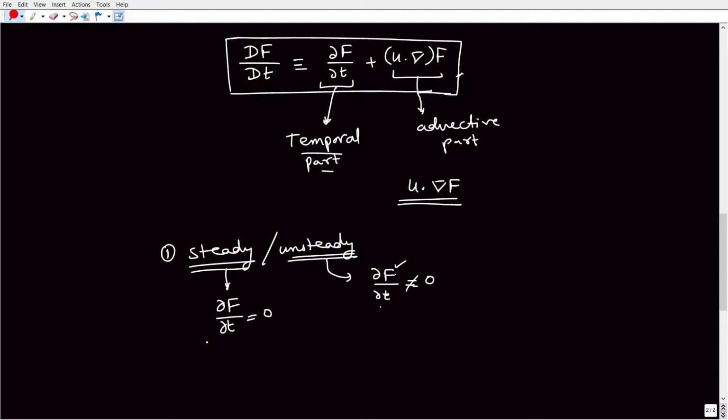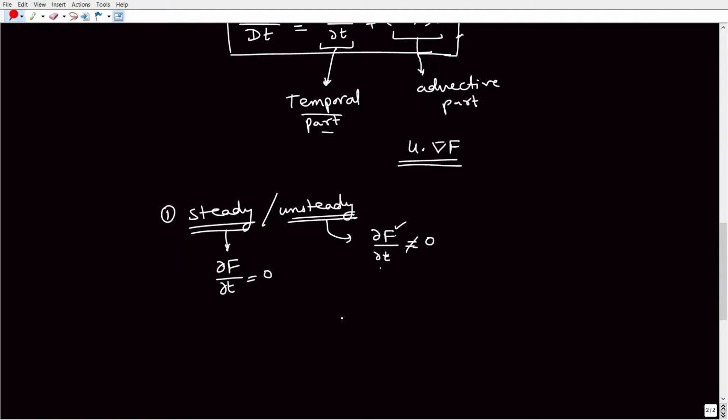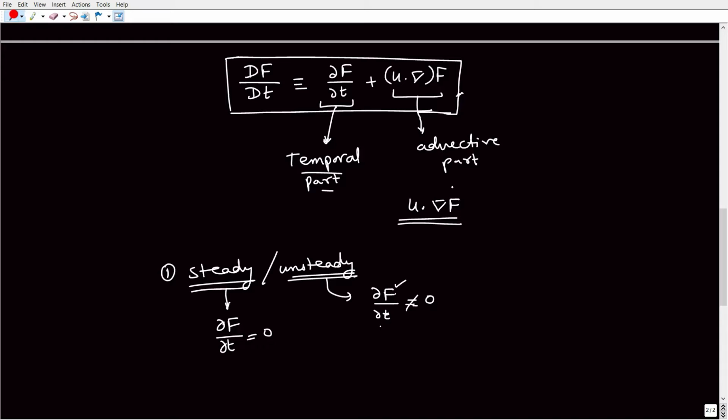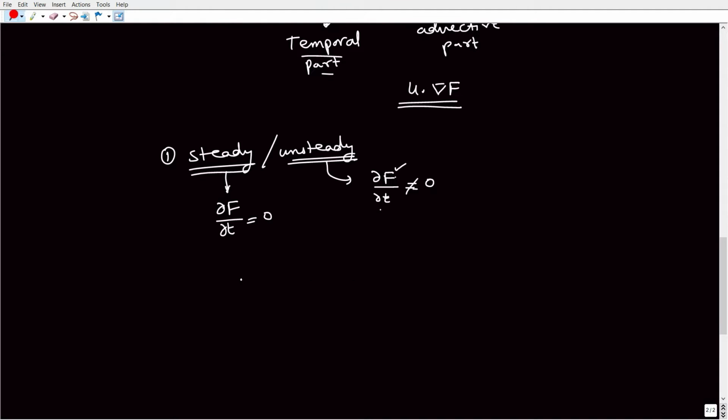And the second thing is the advective part. For the advective part, we can say if u is equal to 0, then advection is 0, and if del f, the gradient of the flow property, is 0, then advection also becomes 0.